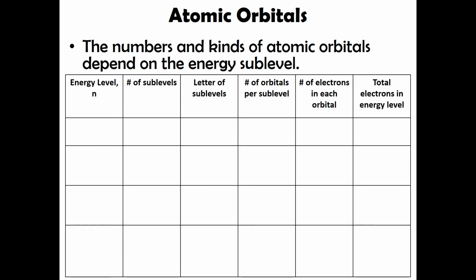So the number and kinds of atomic orbitals depend on the energy sublevel. A sublevel is going to be the s, p, d, and f. I guess technically you could think of it as a subshell.